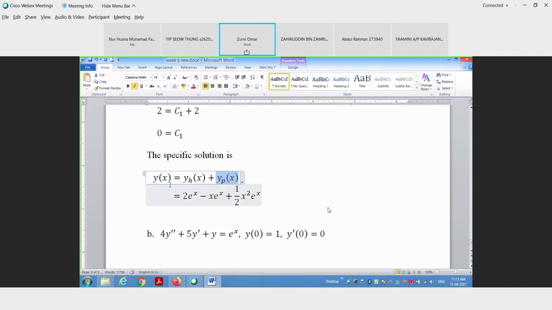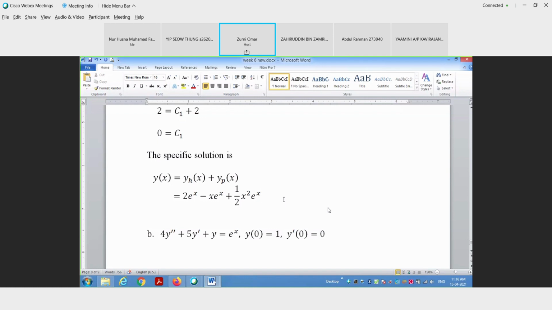So y equals yh plus yp equals 2e^x minus x e^x plus 1/2 x squared e^x. That's how you solve a second order linear equation with constant coefficients, non-homogeneous.